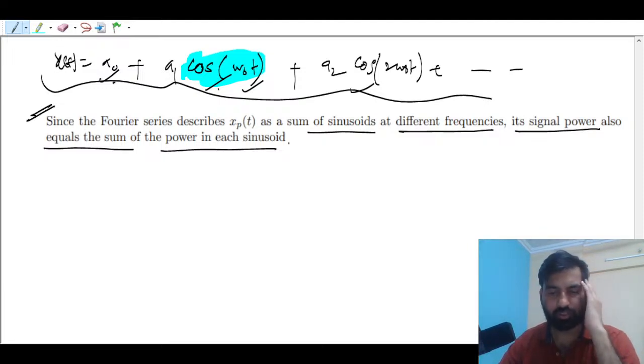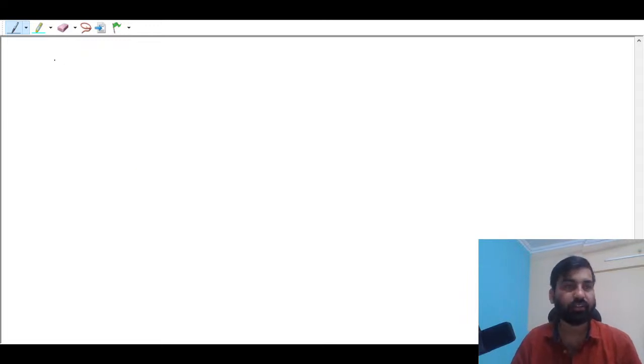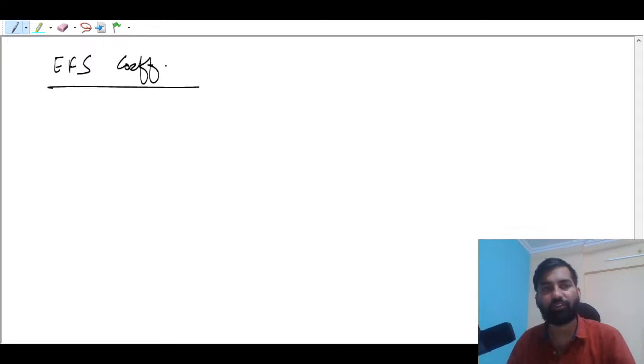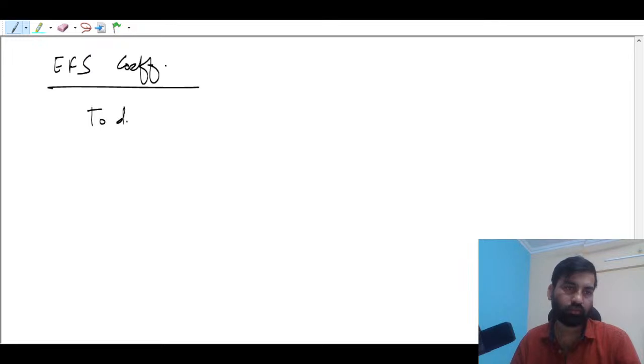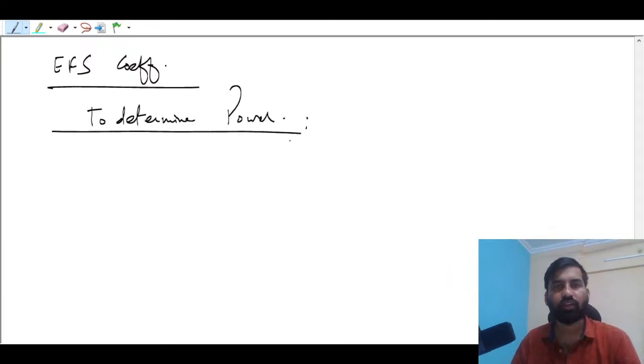So suppose you have got complex exponentials, right? The exponential Fourier series coefficients are given and you have to find the power. You can use the Parseval relation, right?